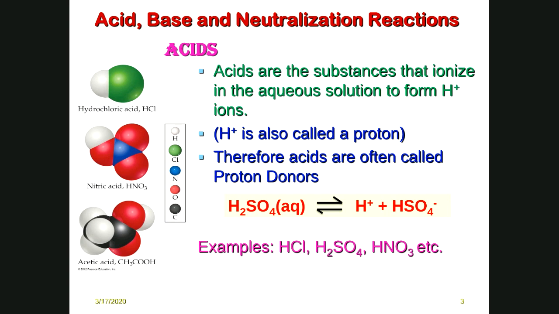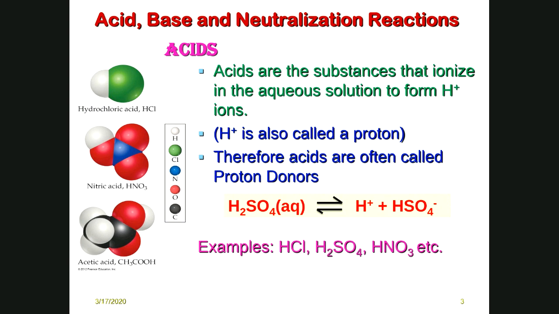Aqueous means solution in water; the term aqua is taken from water. So all those substances, when you dissolve them in water, ionize and produce positive and negative charges, and one of them is H plus ions. The H plus ion is also called a proton.